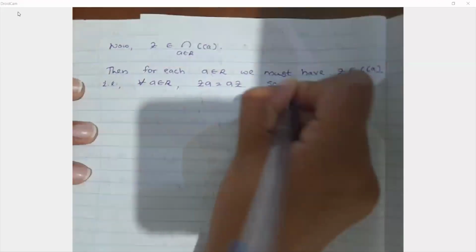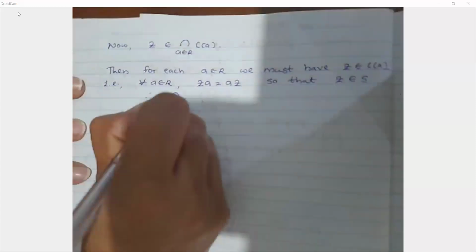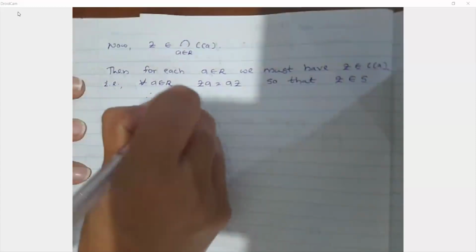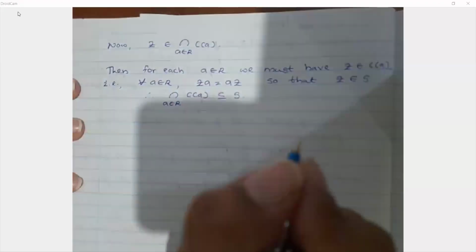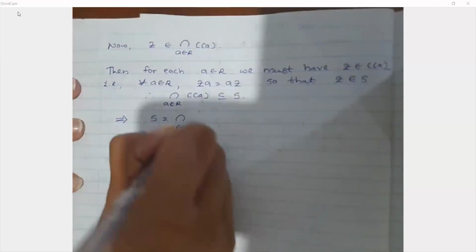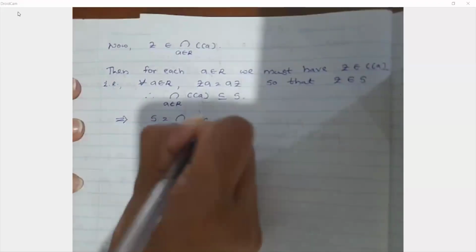By definition, it must belong in the center, so that Z belongs in S. Therefore, we have this intersection to be a subset of S. Right? Both these cases imply that S is actually equal to the intersection.